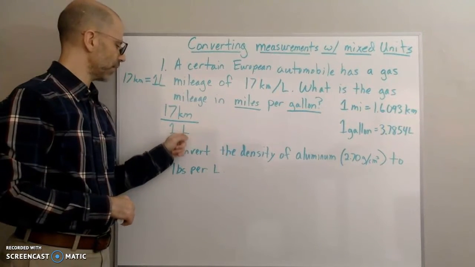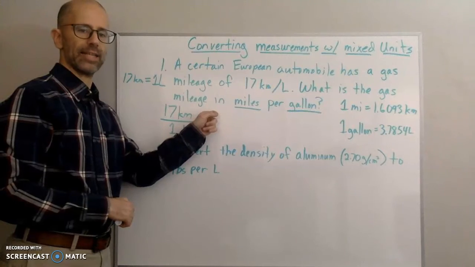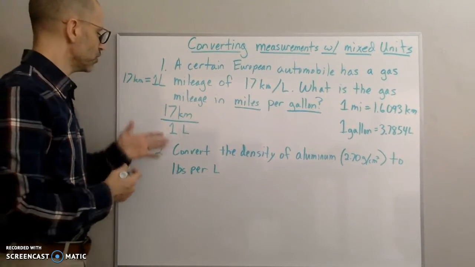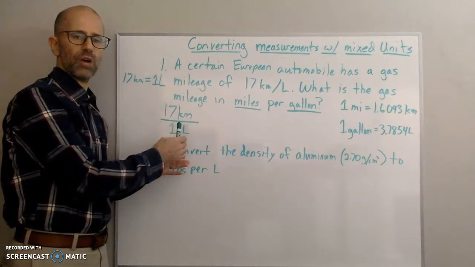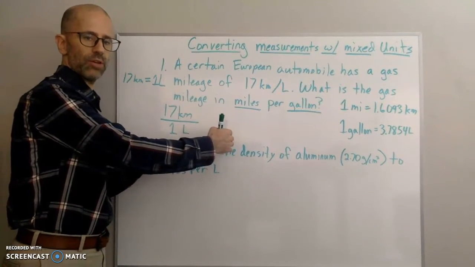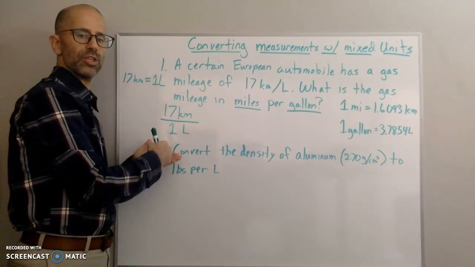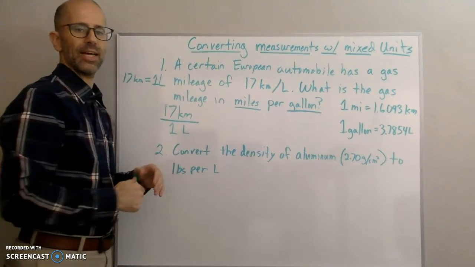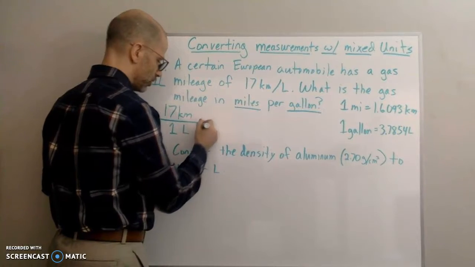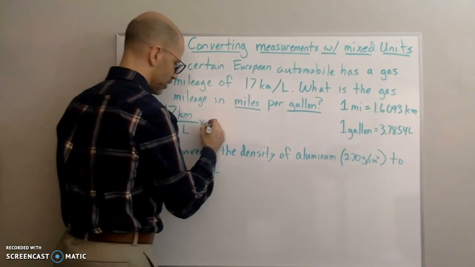I want to place the unit that I want to cancel on the opposite side so I can cancel those units. So it doesn't matter which unit you start with. You start with 1 unit, convert that all the way to where they want you to go. And then when you're done with that, then you do the next unit. So I'll do the top first, which is what we are normally doing.